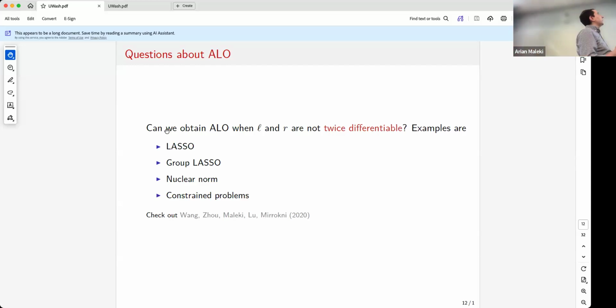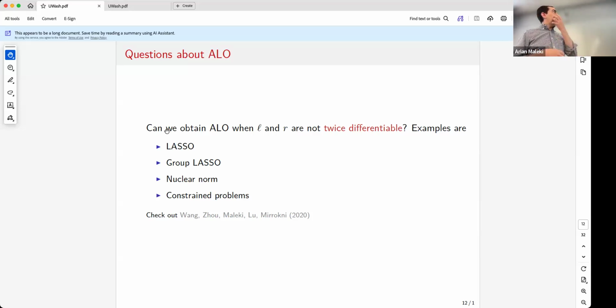But for high dimensional settings, we have a bunch of reasons to use non-differentiable stuff. These are some of the standard regularizers that we have, and also some of the loss functions are non-differentiable. And the question is, okay, what should we do now? Can we still do data removal very efficiently and accurately in high dimensional settings?